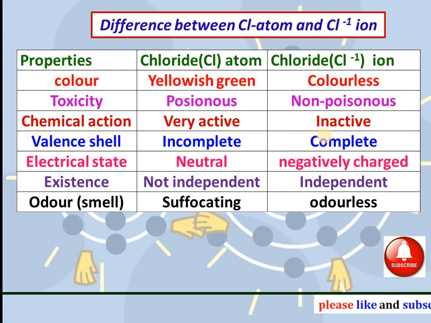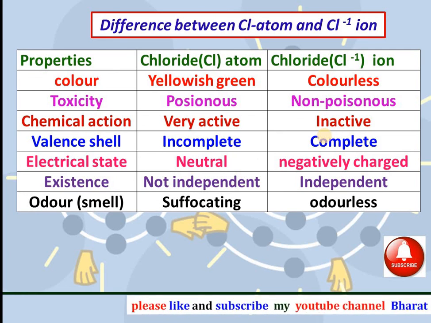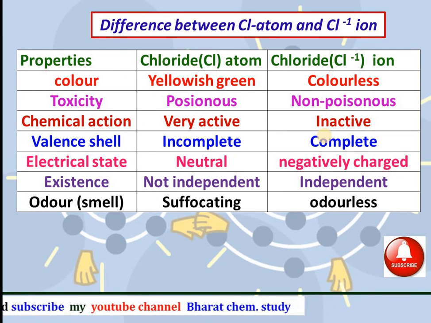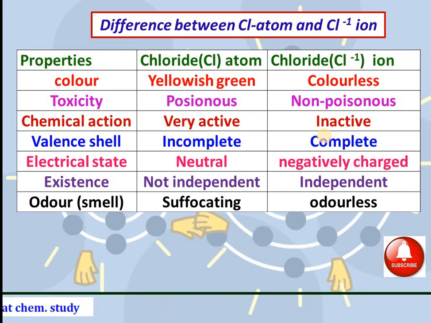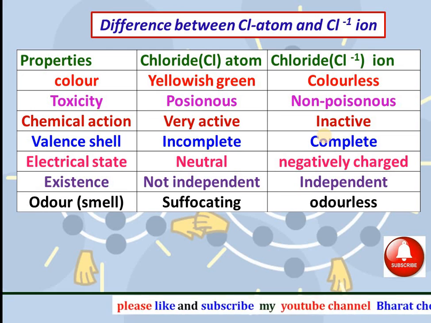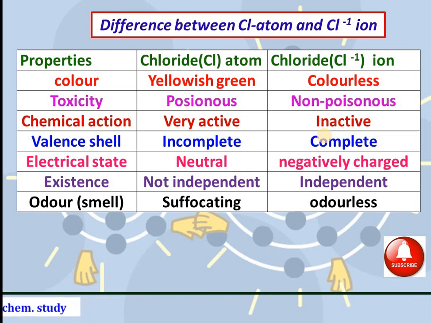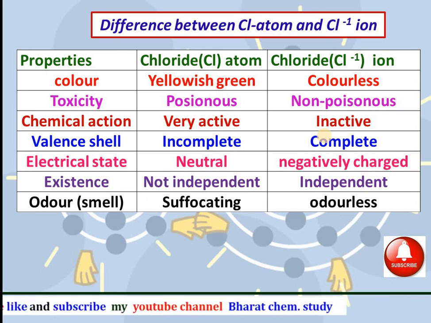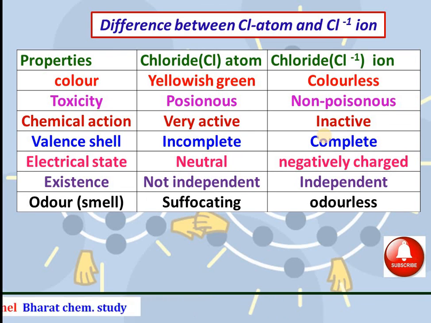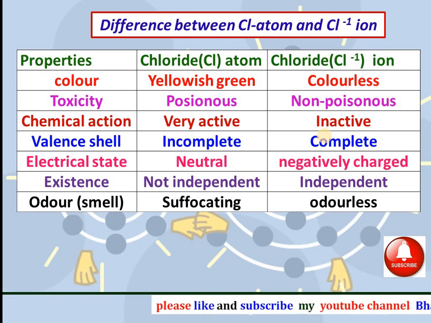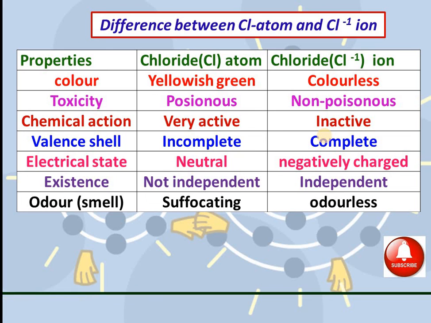Now in case of valence shell, chlorine atom has incomplete valence shell, that's why it will gain electron to form negative ion, whereas after gaining electron the chloride ion has complete shell. Electrical state, chlorine atom is neutral and it is clear from the chloride ion that it has negative charge over it. Existence, chlorine atom does not exist independently but chloride ion can exist independently. Now the odor, chlorine atom has suffocating smell whereas chloride ion is odorless.